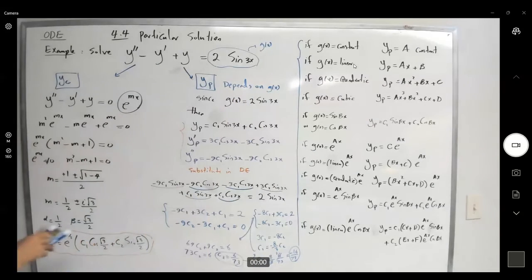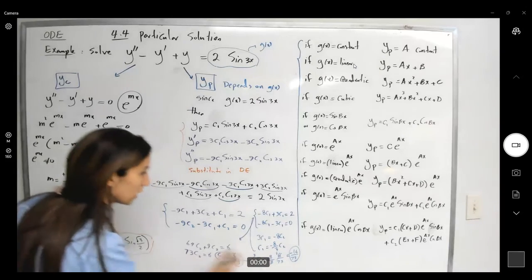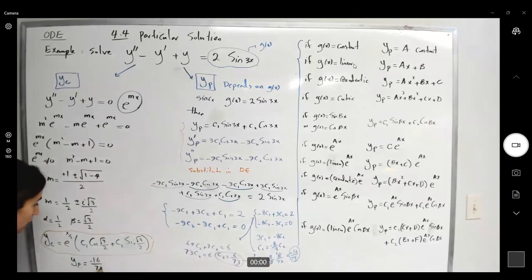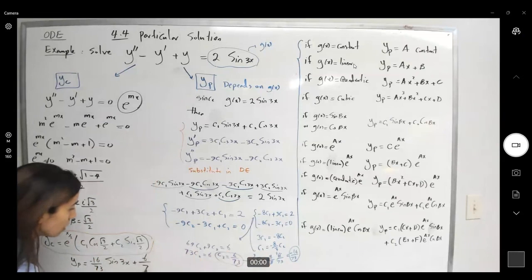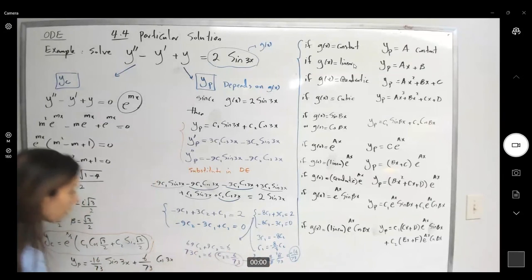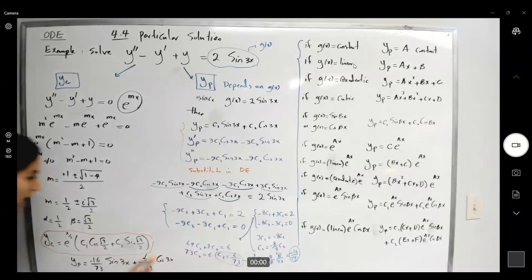So the particular solution can be written as y sub p equals negative 16 over 73 sine 3x plus 6 over 73 cosine 3x. Well, by adding these two together, you get the general solution for this differential equation. Y is yc plus yp.